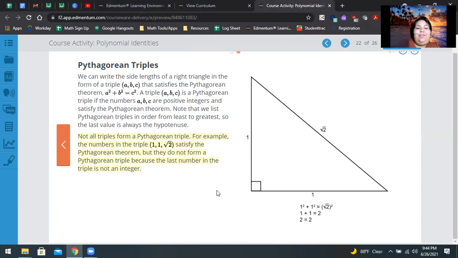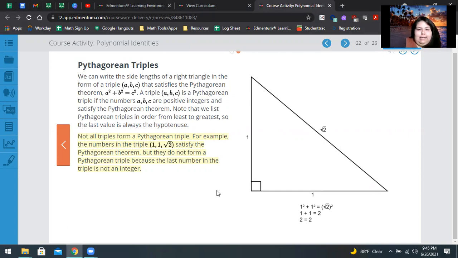So for the Pythagorean triple, remember I said a key thing, make sure it's an integer. What they did here is they have this triangle with two side lengths as 1 and 1, and then we have the square root of 2.